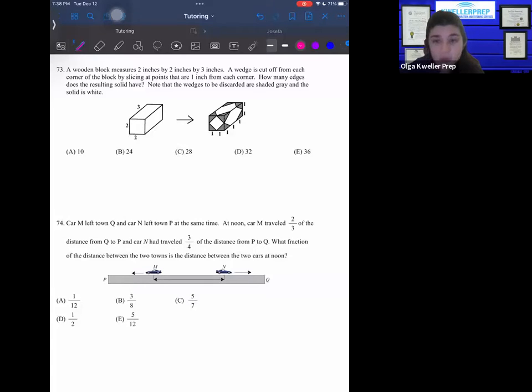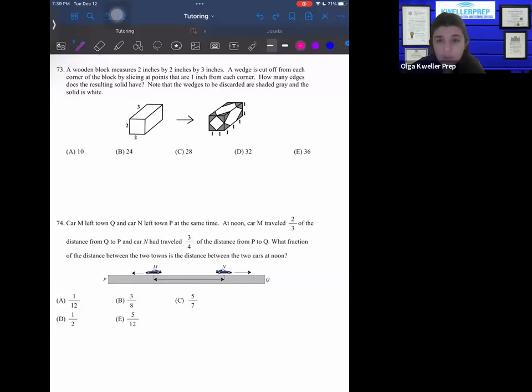Okay, so we should try to think about what happens to one corner, right? So at each corner, we're going to get 3 edges. Does that make sense? We're going to get 1, 2, 3 at each corner. So now we have to think about it.